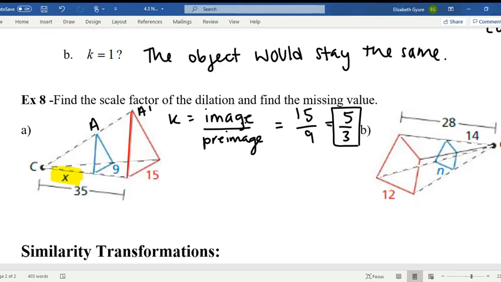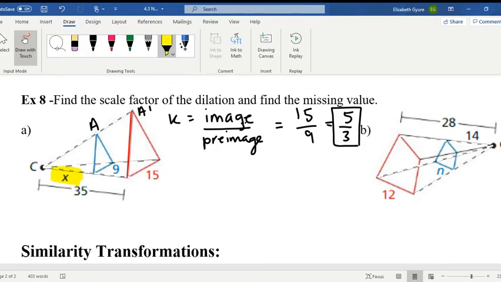You guys remember cross multiplying back in algebra? That's actually what we're going to do here. There's more than one good way to solve this, but that's what I would recommend. If these sides have a ratio of 5/3, then these also have to have a ratio of 5/3.